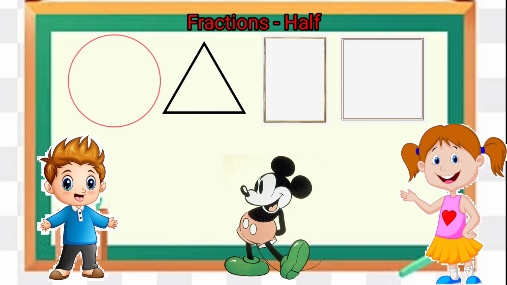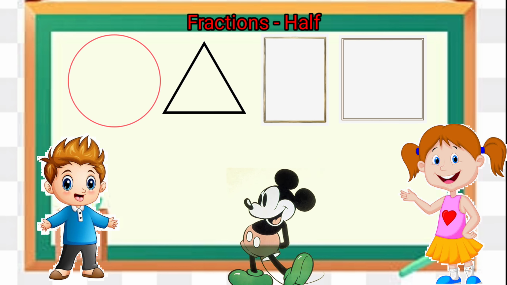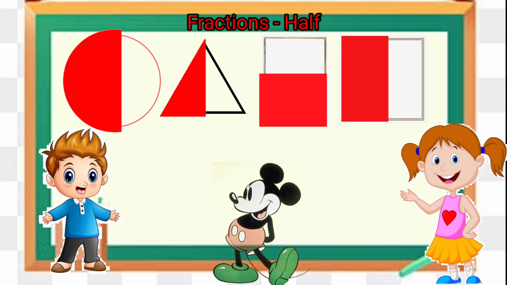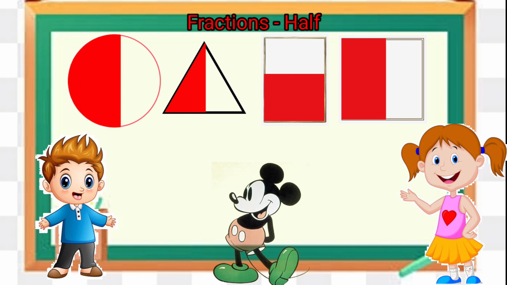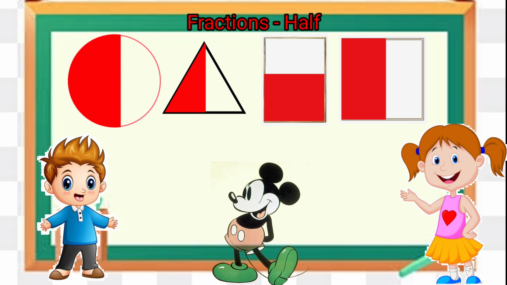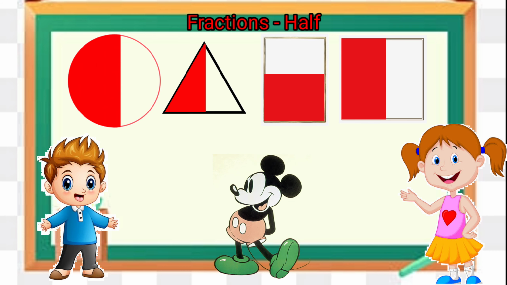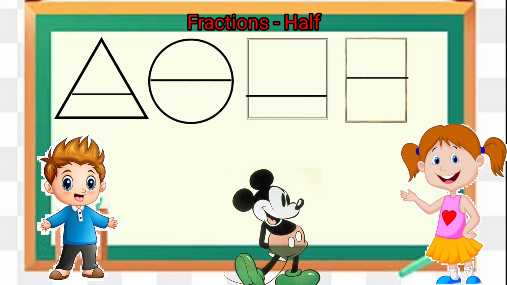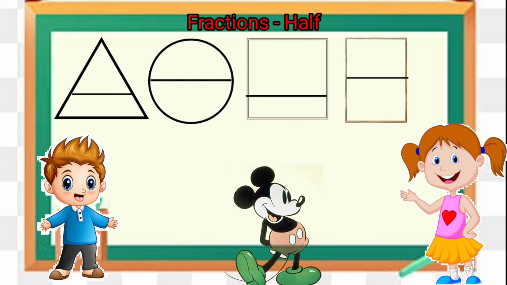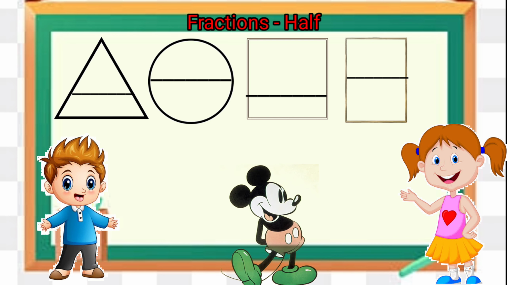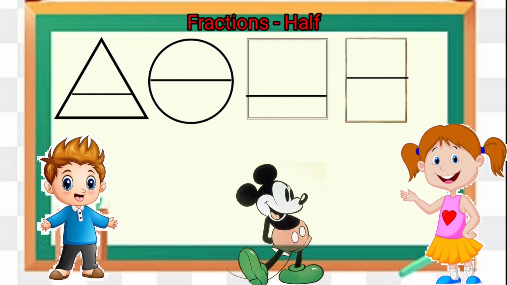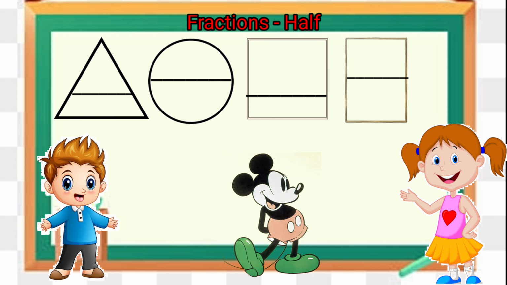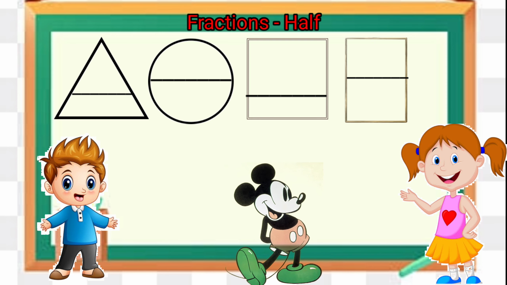Now let us color a half of each of the pictures. That's good, Ricky. Now Nikki, it's your time. Look here. A line has been drawn in each of the figures. Now you have to put a tick mark under the figures which get divided into two equal parts by that line.